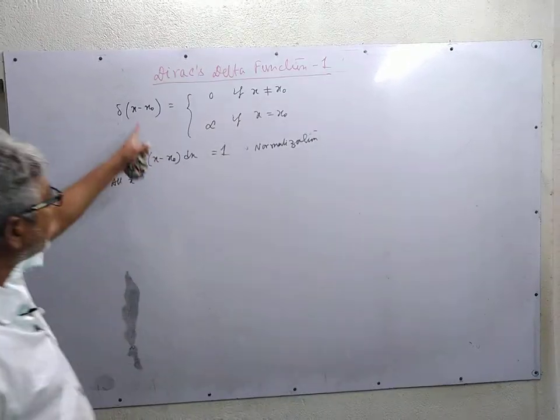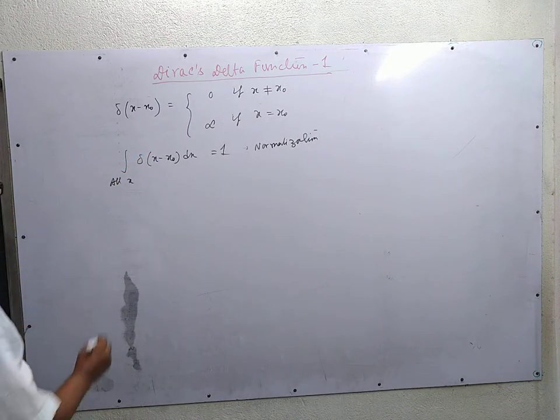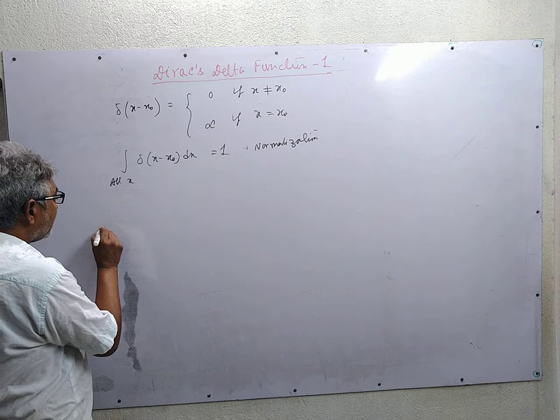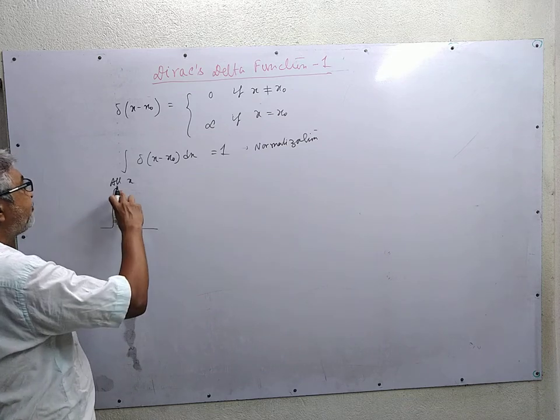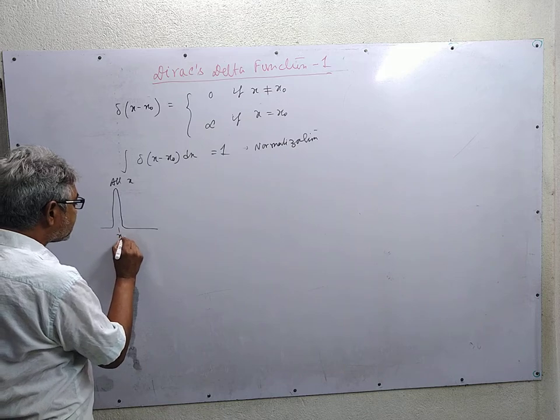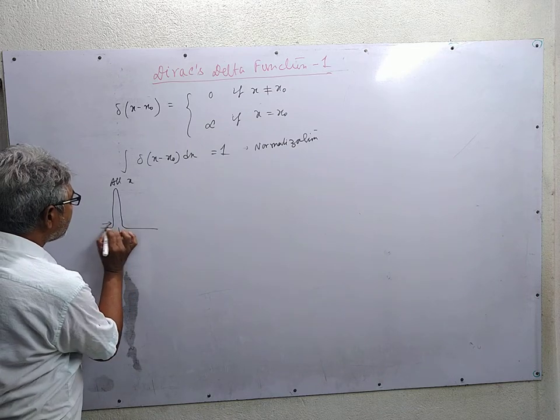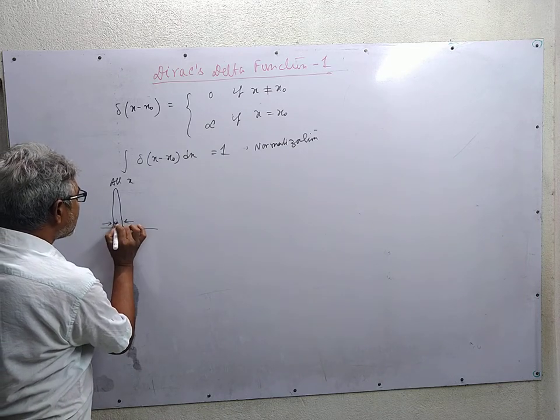So if we consider these two, we may visualize a delta function as a function which is peaked around x0 and whose width dx is vanishingly small.